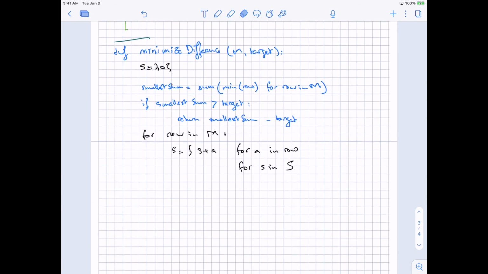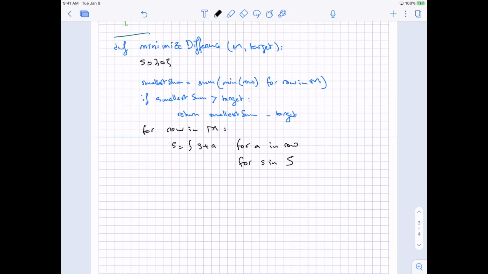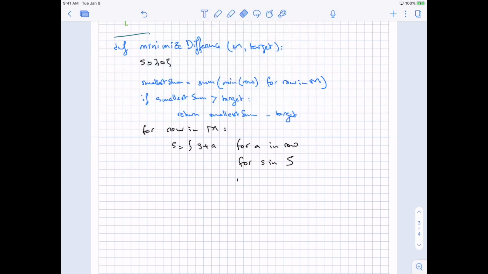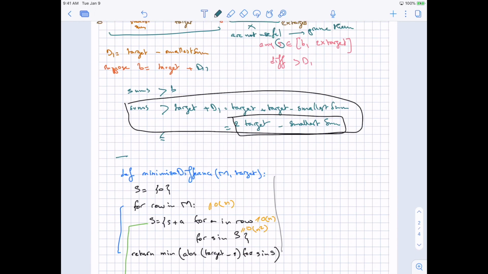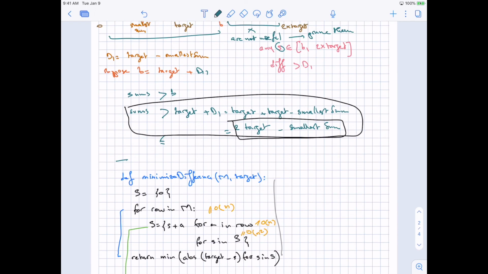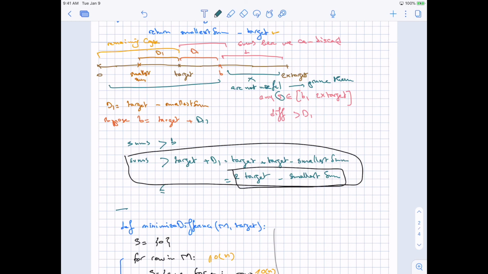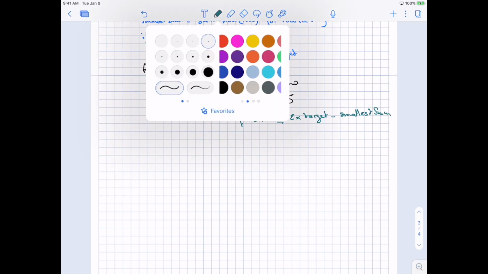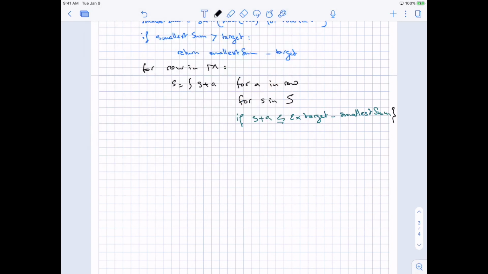So here we pick the sum, which is S plus A, only if it's smaller or equal to 2 target minus smallest sum, because if it's bigger, we already can do better with the smallest sum, right? And this would be the end of our set.